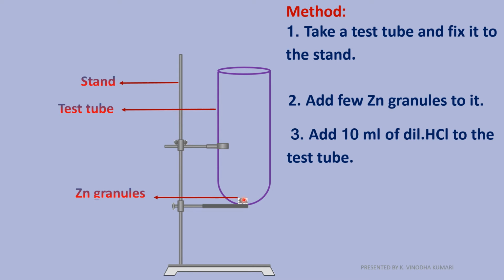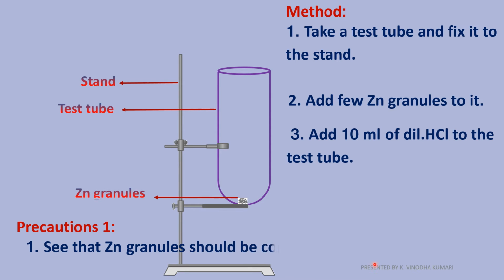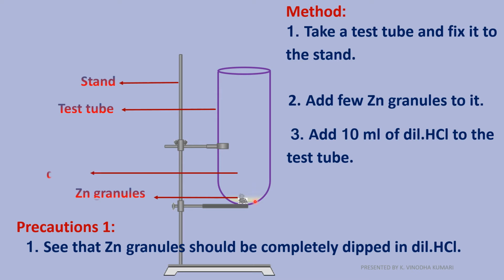So not a few drops. See that the zinc granules should be completely dipped in the dilute HCl. Yes, so let us add dilute HCl to it. Yes, I have taken a little more.